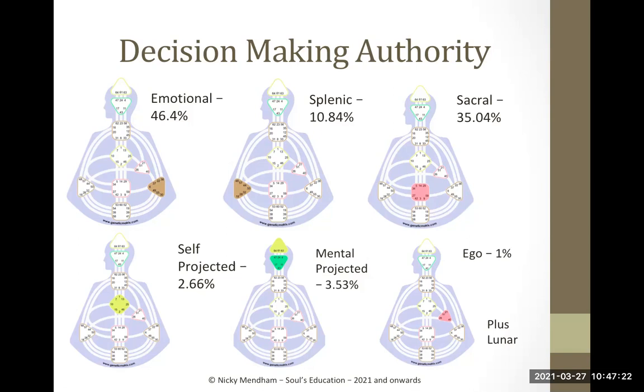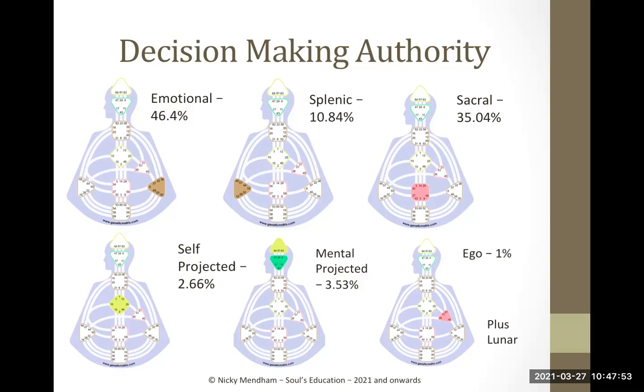And then we've got the ego decision-making authority. This can be seen both in the projector types and also the manifesting types. And with this particular energy, it has to hear its own words. So quite often, as it's speaking, the words are coming out of the mouth and they're reflecting back, bouncing back into them for them to hear what their decision actually is. So it takes them on a whole journey with themselves.